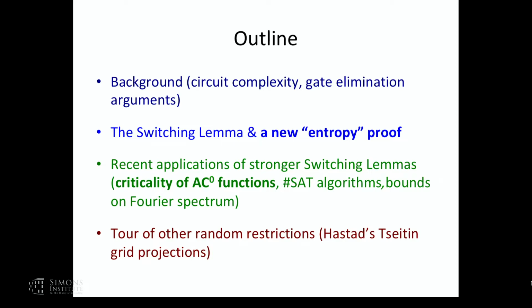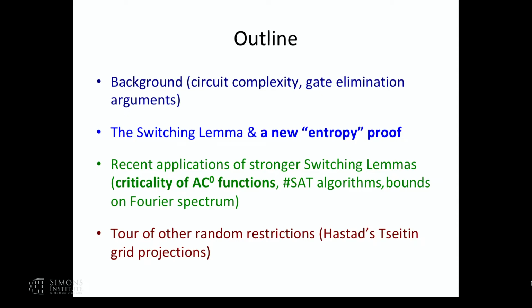Then I'll discuss some applications of these stronger switching lemmas. I'll discuss a notion which I call criticality of Boolean functions, and we'll show how this new switching lemma gives improved bounds on the criticality of AC0 functions. From this, we'll derive some other recent results: sharp-SAT algorithms for AC0 and bounds on the Fourier spectrum all follow from this result on criticality.